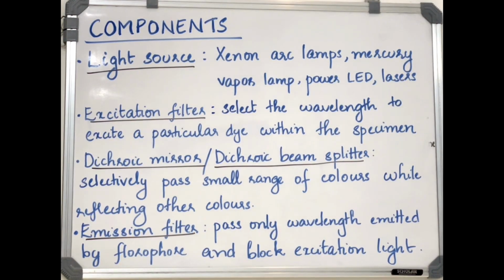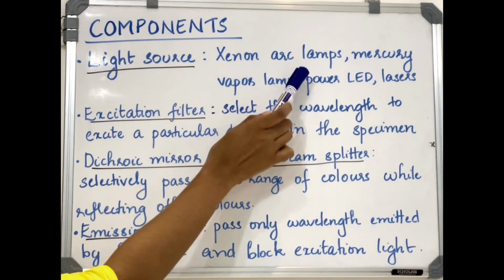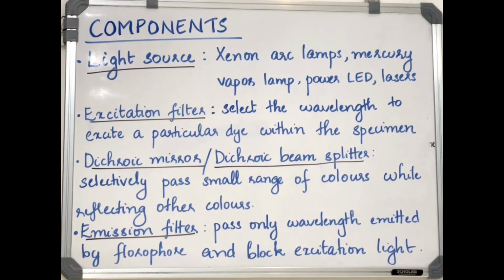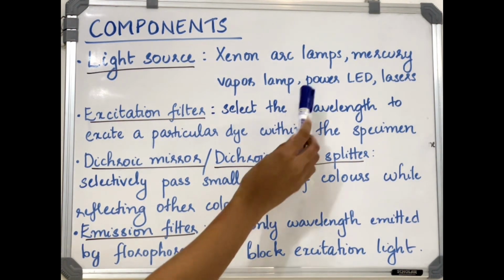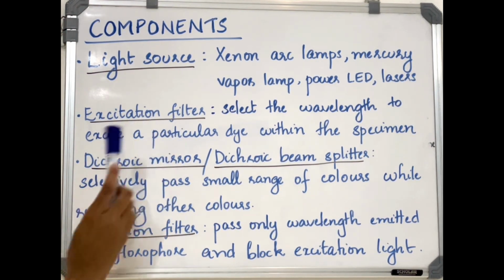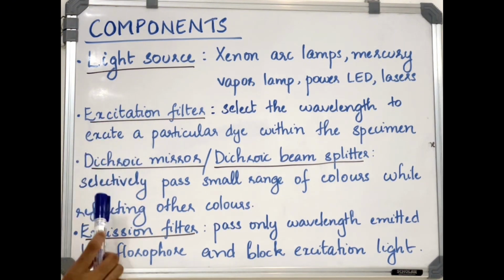Components of the fluorescent microscope. The components include the light source. Xenon arc lamp and mercury vapor lamp are common sources of UV light, and in advanced forms, power LEDs and lasers are also used. Then there is the excitation filter. This excitation filter only allows a specific wavelength of light to pass through.